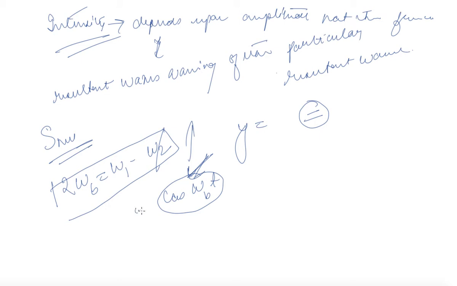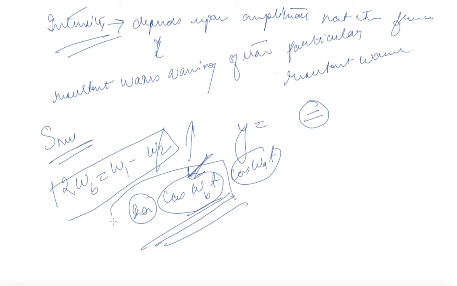This is your 2A cos omega b t and cos omega a t. So this is the amplitude. Amplitude does not depend upon the frequency term but depends upon this particular term. If this tends to 0, this will be equal to 1.